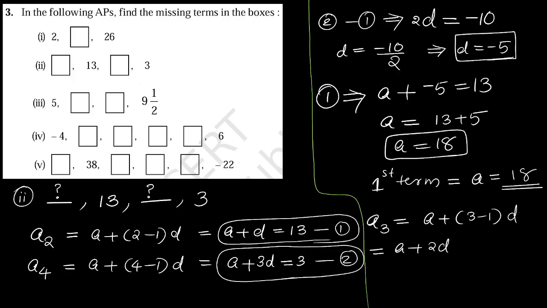A is 18, and 2 into D, D is minus 5. If you are not able to see, you can zoom. 18 minus 10 is 8. So the third term, the missing term, I got.